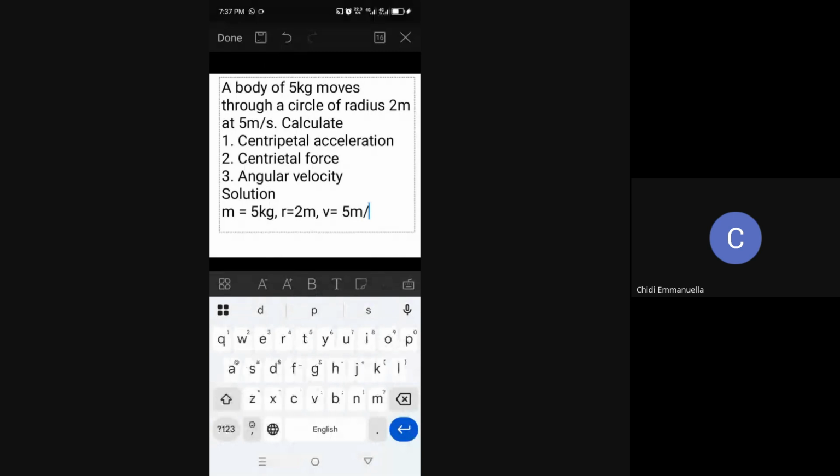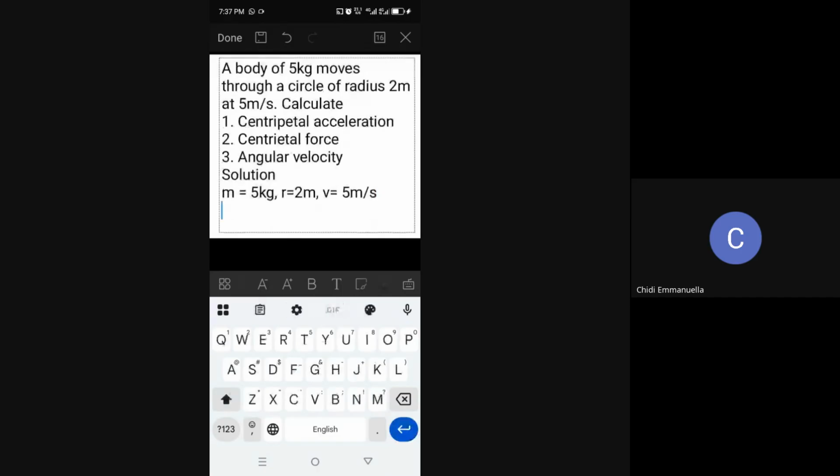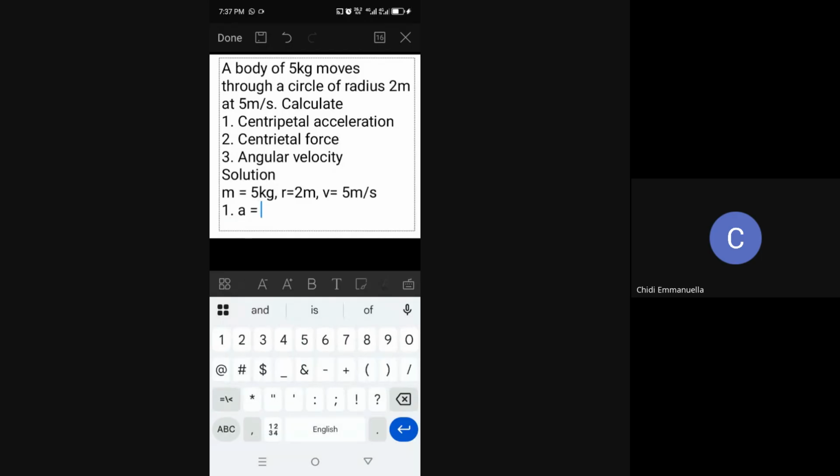That's linear velocity. How do I know it's linear velocity? It's only linear velocity that is meters per second. Angular velocity is radians per second. So the first question says I should calculate the centripetal acceleration. Centripetal acceleration a is equal to v squared over r.